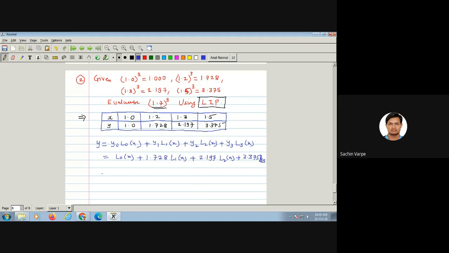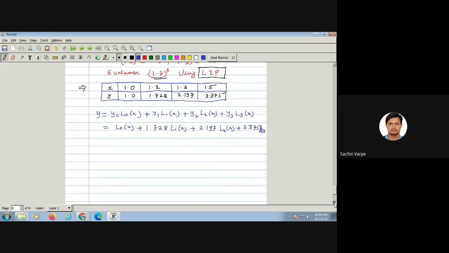Or even we can directly substitute those values here. So what will be y then? Therefore, y is equal to L0. What is L0? Can you tell me the formula for L0? It is x minus x1. Exactly. X minus x1, x minus x2, up to where do we have to go? Up to x minus x3, up to xn.